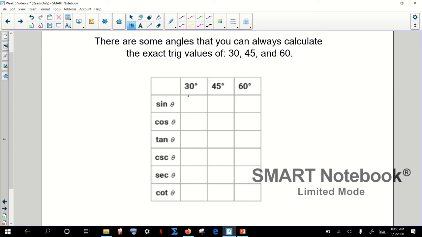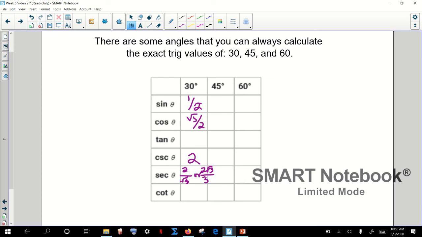So the sine of 30 degrees is 1/2. So that means that the cosecant of 30 degrees is 2 because that's the reciprocal. The cosine of 30 degrees is square root of 3 over 2. So the secant is going to be the reciprocal. So you'll either see it as 2 over square root of 3 or 2 square root of 3 over 3.